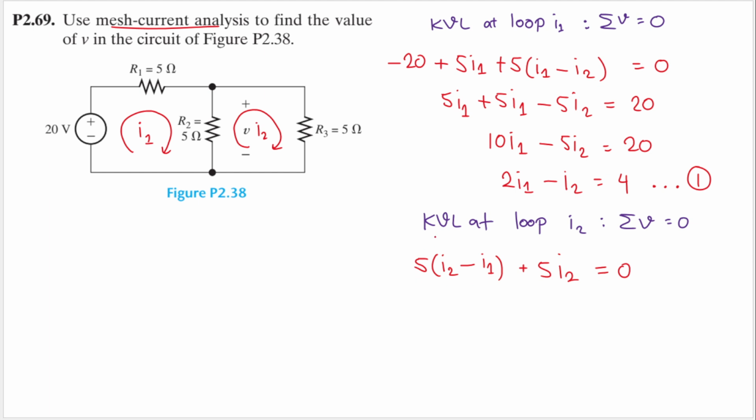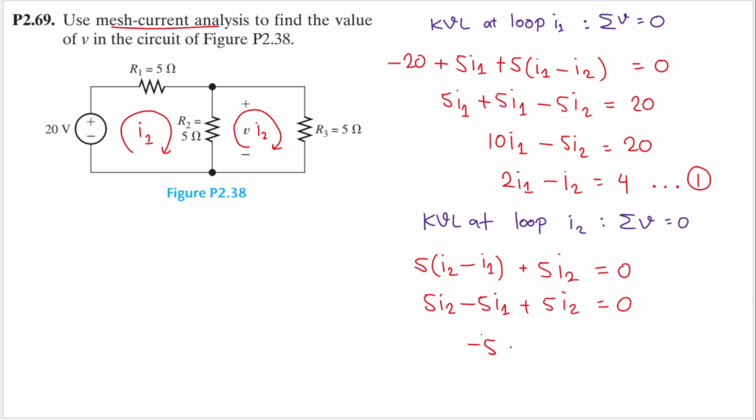Okay, now let's distribute this. I will have 5I2 minus 5I1, and then plus 5I2, and all of that will equal 0. 5 plus 5 is 10, so I will have 10I2 there, but I will also have minus 5I1.